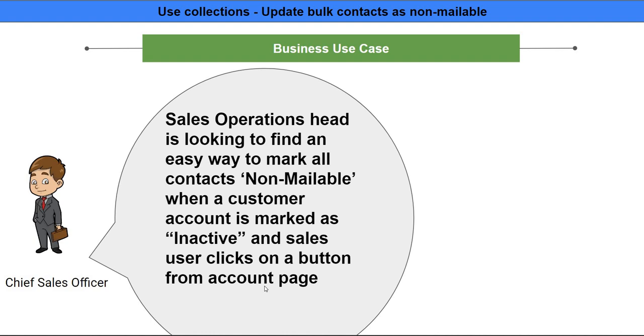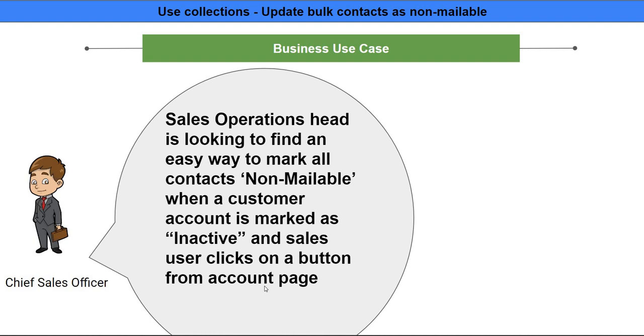When a customer runs out of business, or when we no longer do business with a customer, we want to keep the customer contacts as is in the system, but we have to ensure there is no communication either through email or other means. We don't want to enable any communication until the account is reactivated, correct?